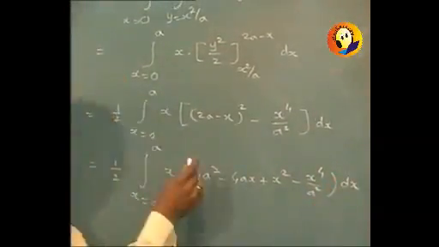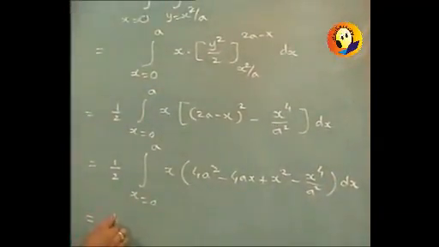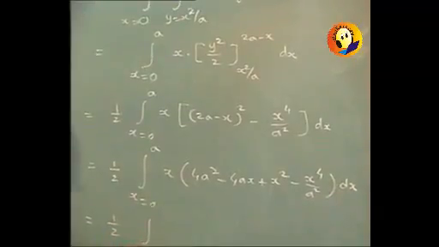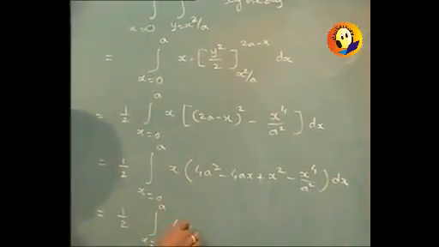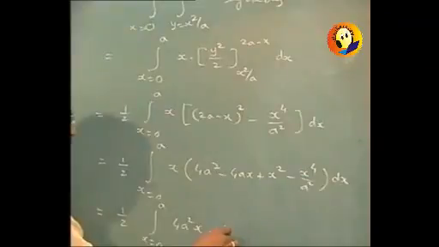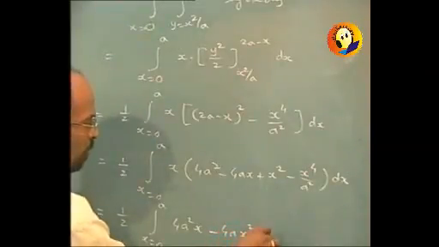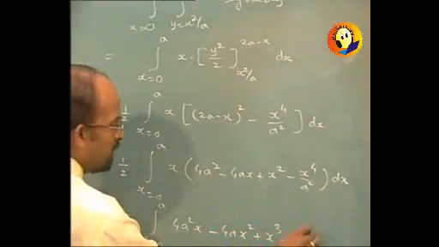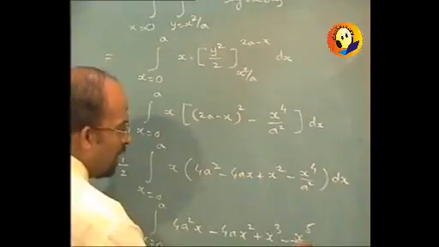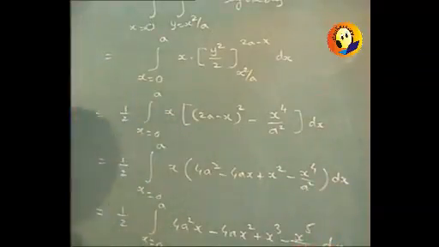When you multiply by x, it will be half integral x equal to 0 to a 4a square x minus 4a x square plus x cube minus x raised to 5 upon a square dx.